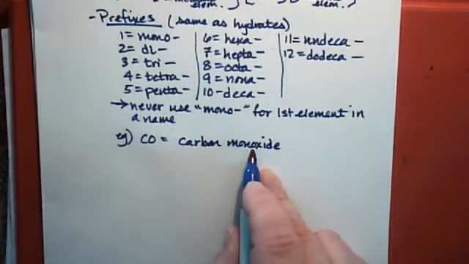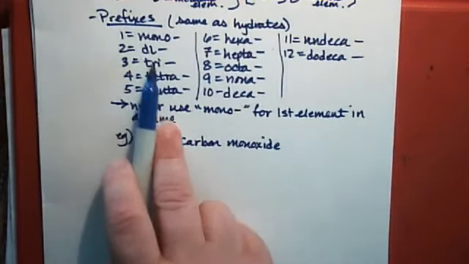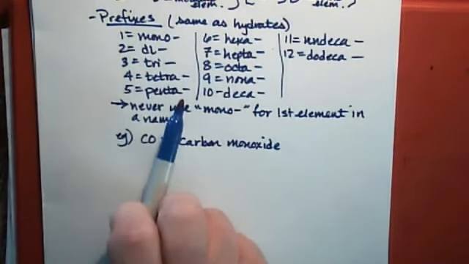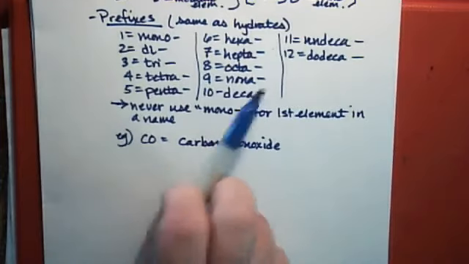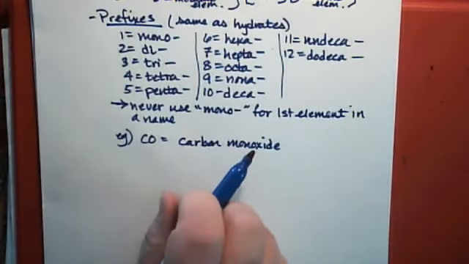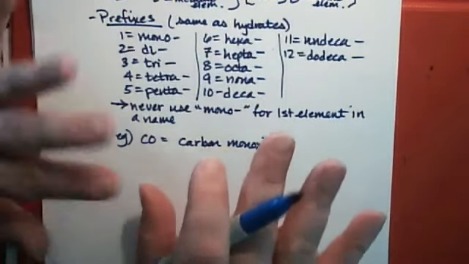That's because if the name of the element begins with a vowel, you can usually drop the last vowel, if it's an O or an A. So if it's di or tri, you usually use the entire prefix. But if it's like mono or tetra or penta or any of the other prefixes, then you can normally drop the last vowel of the prefix in favor of the first vowel of the name. Although you won't be wrong if you don't do that.